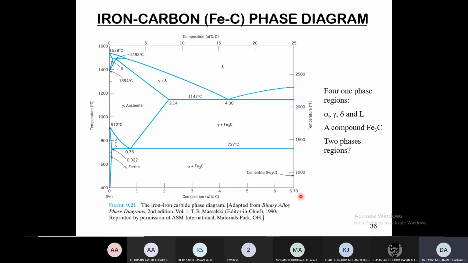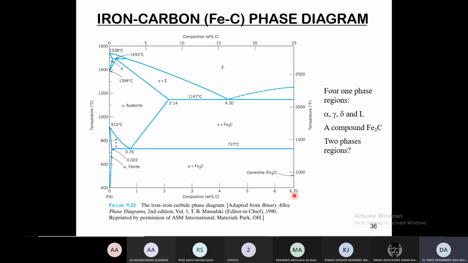Now somebody can ask, but you said 4.5% for cast iron. Why don't we stop there, at 5? Why specifically 6.7% carbon? We are going to look at that in a minute. Why 6.7? Why not 5? Why not 4.5, since we don't need more than that to see the cast iron?